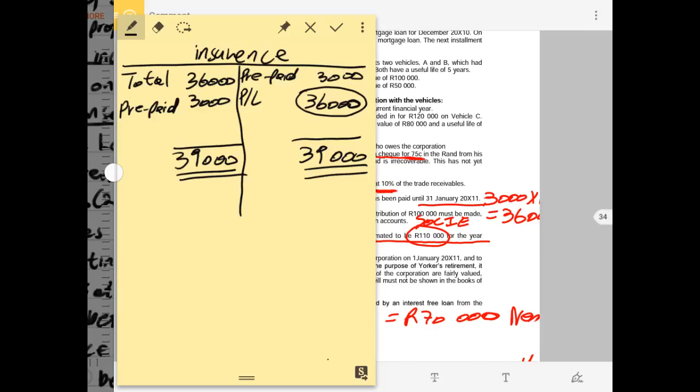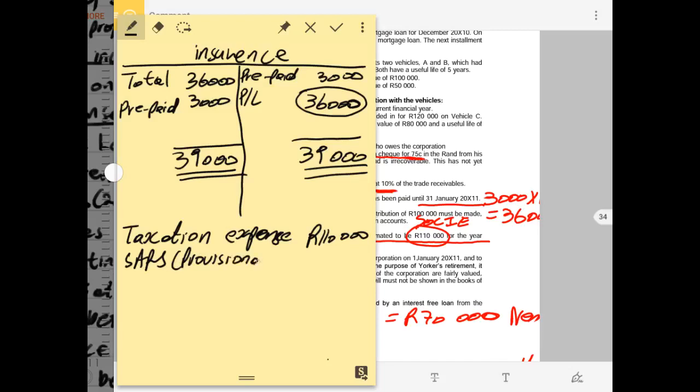So now when we do that, we have to say taxation expense. Taxation expense is 110,000 rands, minus SARS provisional tax payment of 90,000 rands, because we want to calculate the tax that is due or receivable.